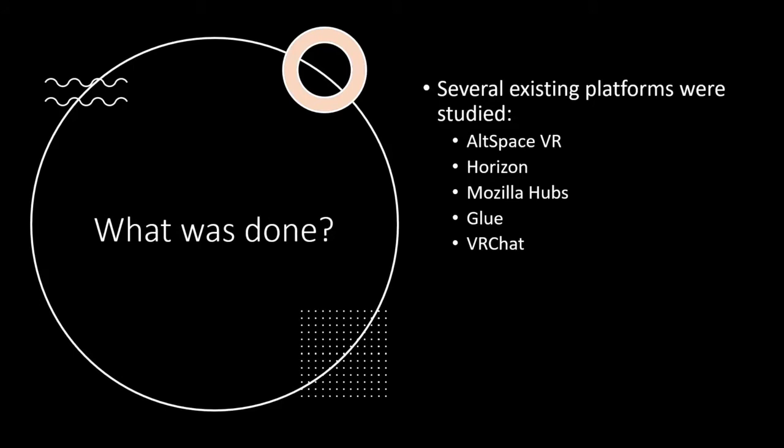So at first we studied several platforms. The most notable ones were AltSpace VR, that is from Microsoft, and it's probably the biggest and most widely used platform of these. It has a lot of features and it seems to be very stable, and it can host big events.